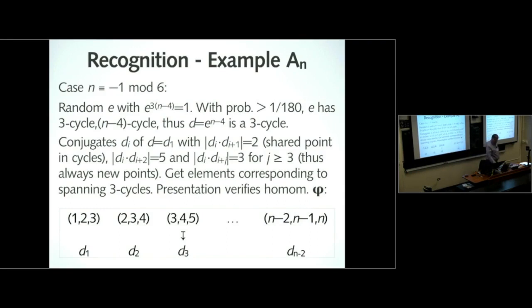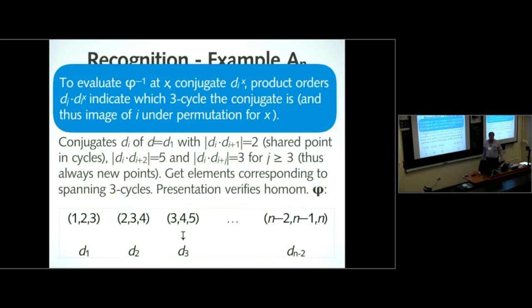And how do I evaluate the isomorphism? How do I go from elements in my matrix group to these permutations?